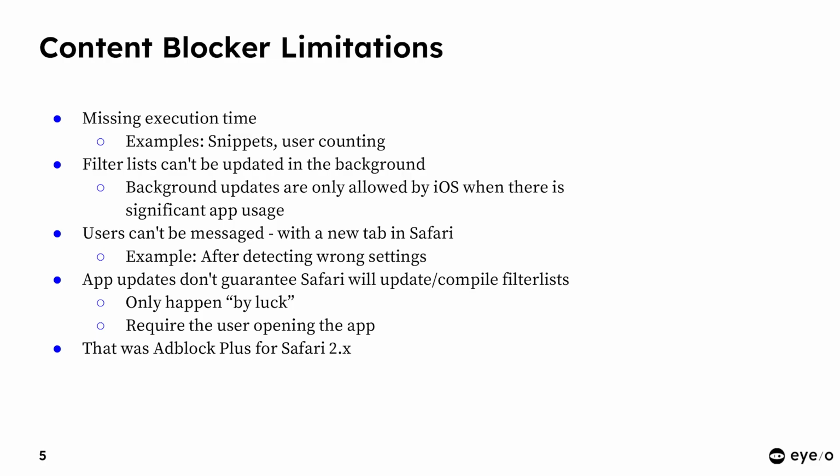Also, users cannot be messaged. In the new version of the app, we do that by opening a new tab in Safari with certain information. For instance, if we detect that there are wrong settings, we have the ability to do that. We couldn't do that when we had the content blocker solution.